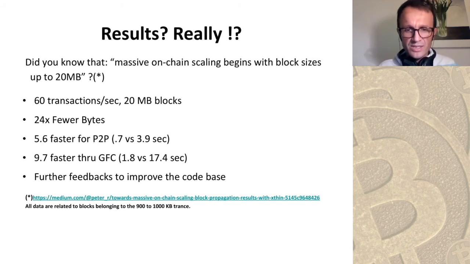As you might already know, Peter Wiesen made a series of 5 posts on Medium about this test that we made, with fantastic graphical representations of the results, and it gave you the idea of the real impact of Xthin technology on the Bitcoin environment and network.